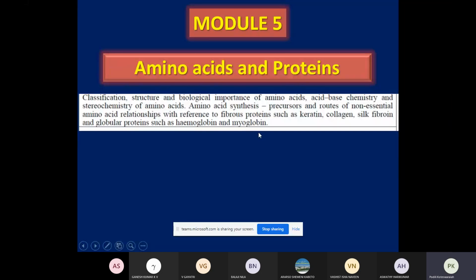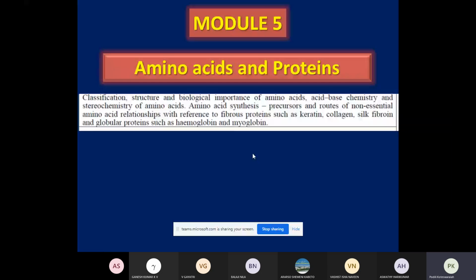In order to understand the structure and function of hemoglobin, myoglobin, and other proteins, first we need to understand the properties of amino acids, because proteins are built with amino acids.